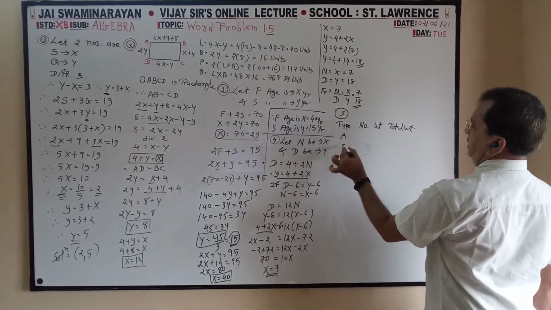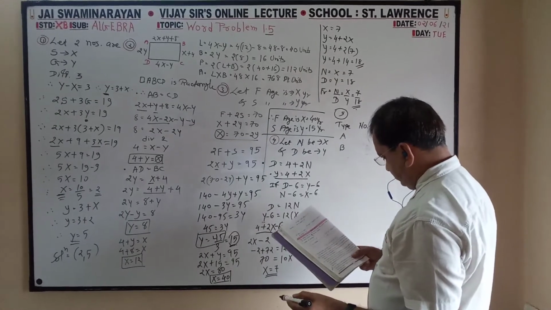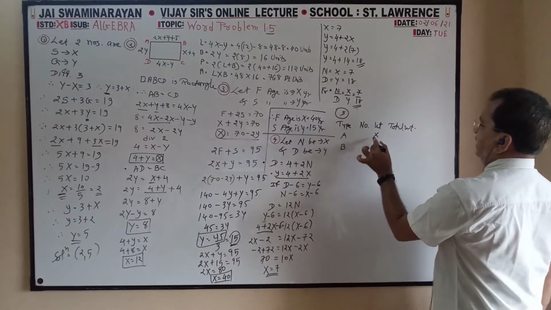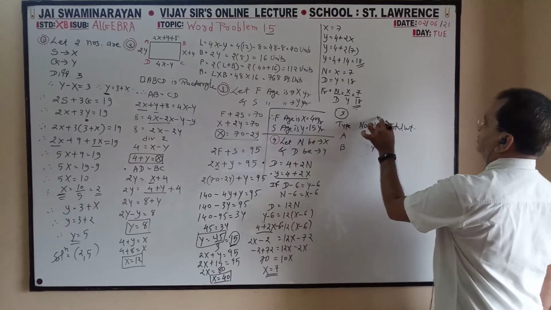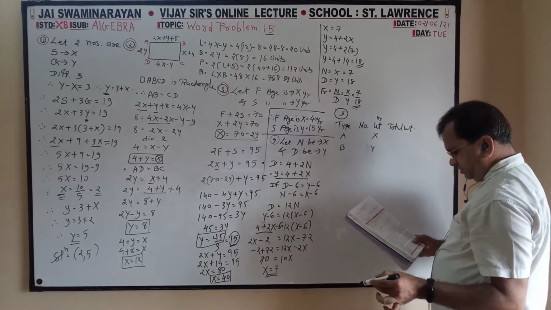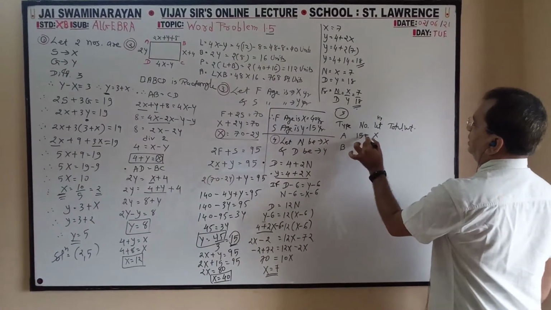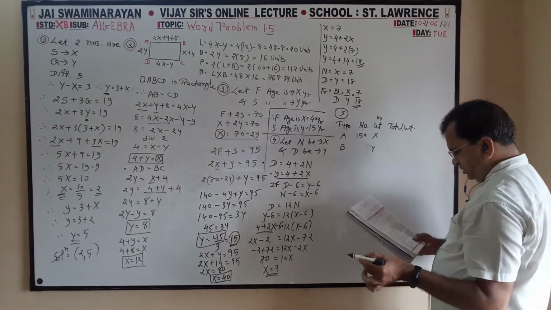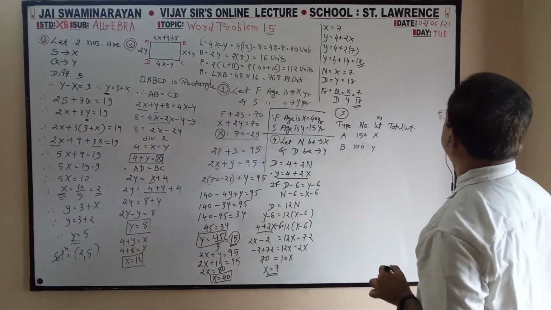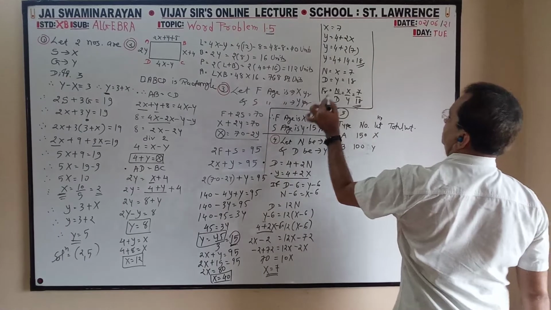Types of box A, types of box B. The weight of the first box is x kg, this is y kg. 150 boxes of type A, 100 of another box. So better I'll start with this fifth.